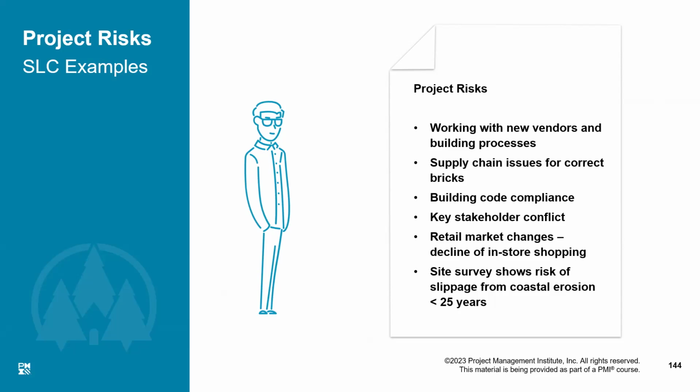So they are risks, yes, of course, you are right. They are risks, but they are very poorly worded risks. They don't really indicate what is likely to happen, what is so bad about it. For example, it says building code compliance. Well, building code compliance is something we do. What is the risk in that?